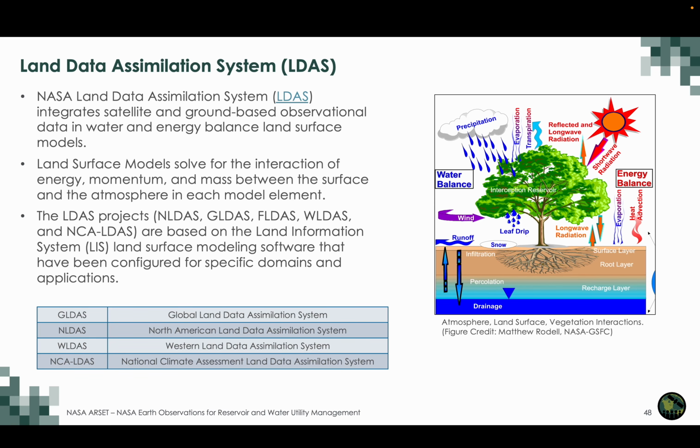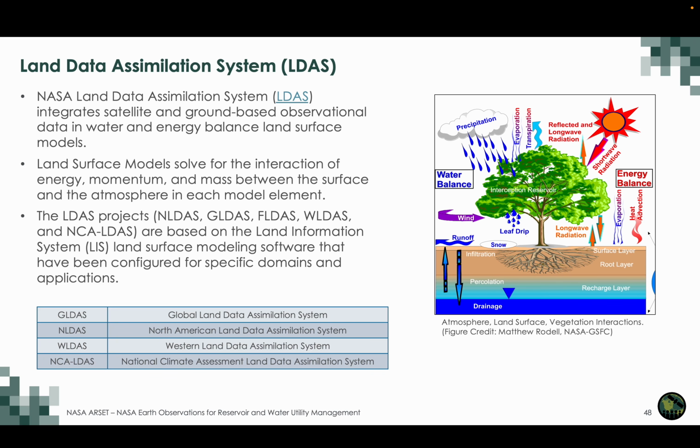Both runoff and snow water equivalent cannot be measured directly. They are calculated quantities, and in our case we are going to use NASA's LDAS to get runoff and snow water equivalent data. Here's some information about NASA's Land Data Assimilation System, or LDAS, and you can get a lot more information from the link provided here.